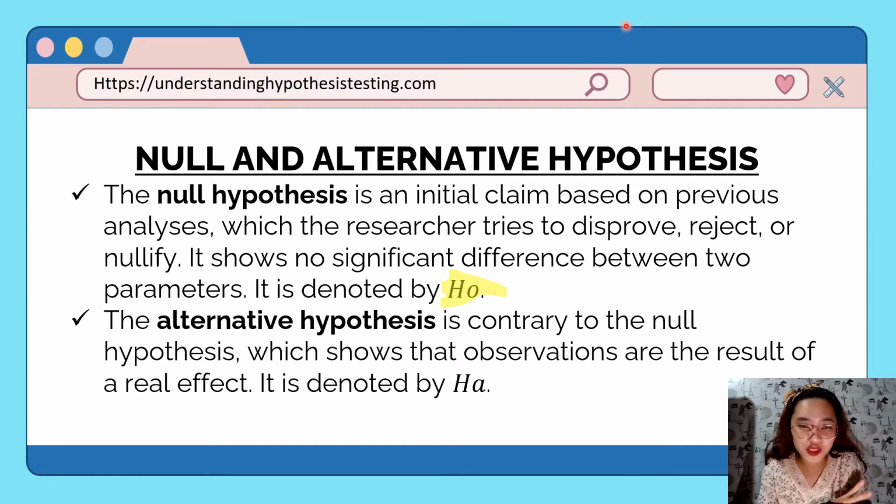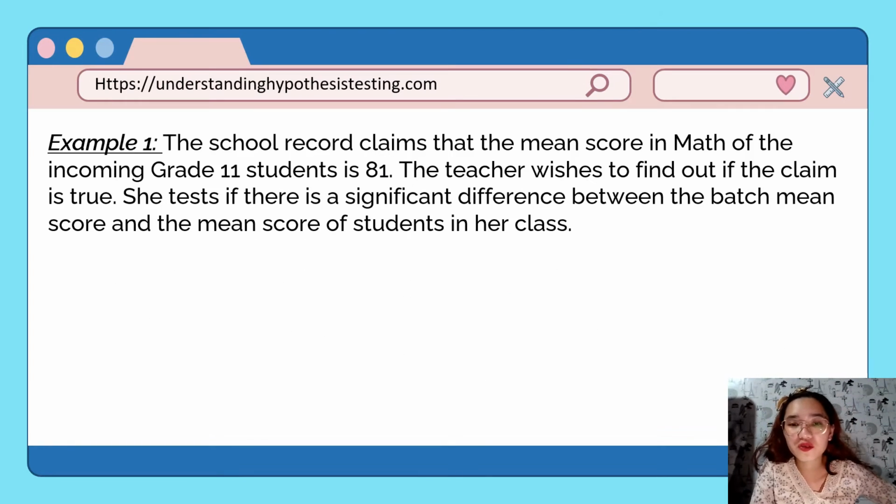So let's have some examples para mas maintindihan pa natin yung pinagkaiba nitong null hypothesis at alternative hypothesis. The school record claims that the mean score in math of the incoming grade 11 students is 81. The teacher wishes to find out if the claim is true. She tests if there is a significant difference between the batch mean score and the mean score of the students in her class.